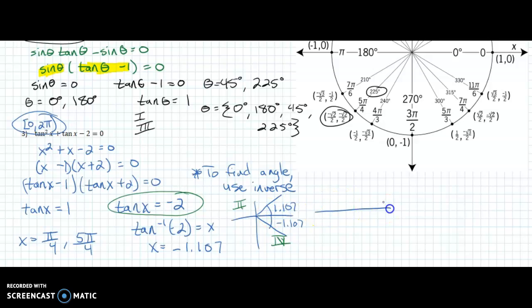And then to find the angle in quadrant 2, I need to do pi minus 1.107. There's pi, and so I get pi minus 1.107. And that gives me 2.034.